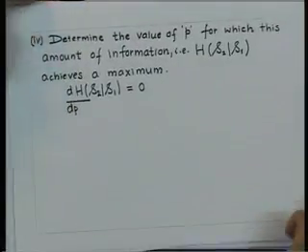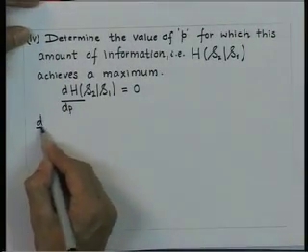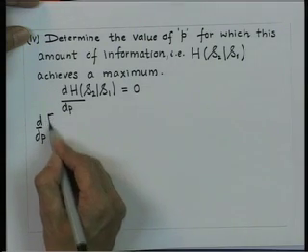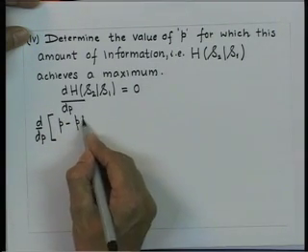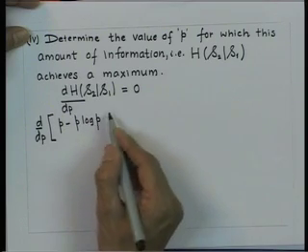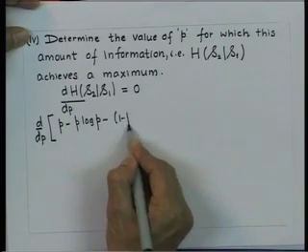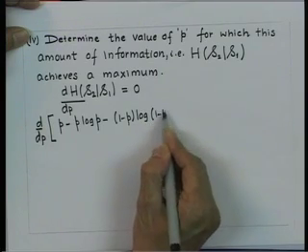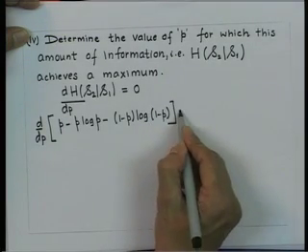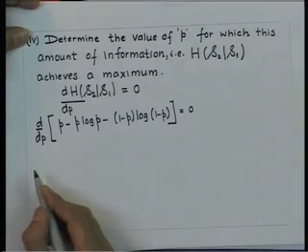So, now let us take the derivative of p minus p log p minus 1 minus p log of 1 minus p equal to 0.